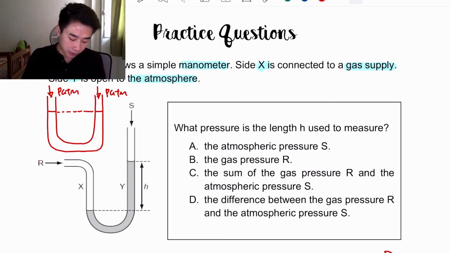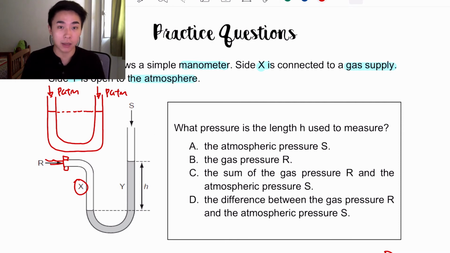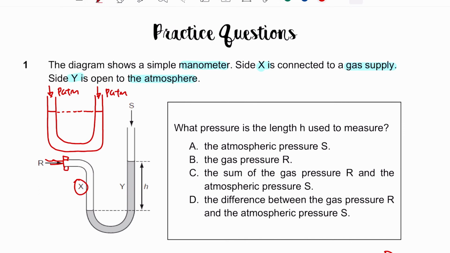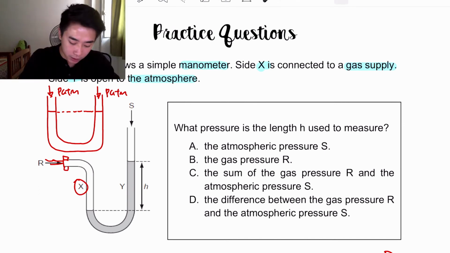However, in this case, we have X over here being connected to a gas tap. And what they don't show you here is that actually this gas tap is sealed off. Okay, that means whatever gas they pump in from this gas tap will be stuck inside here. So there'll be no escape of gas, and therefore it can create a pressure. Okay, so this gas tap has a pressure over here, whereas this part is just open to atmospheric pressure.